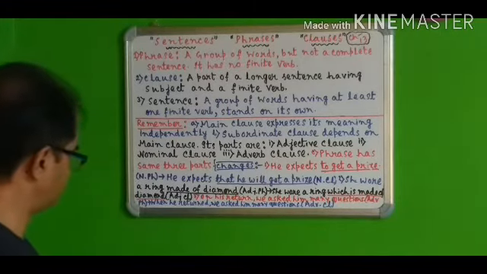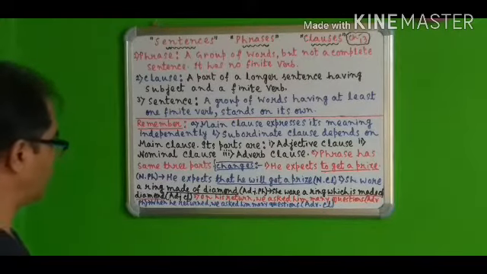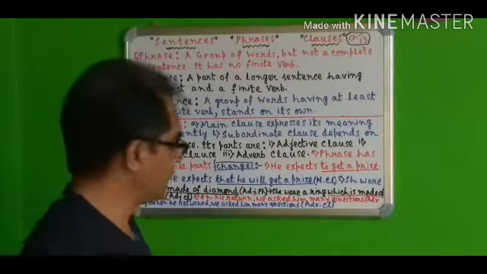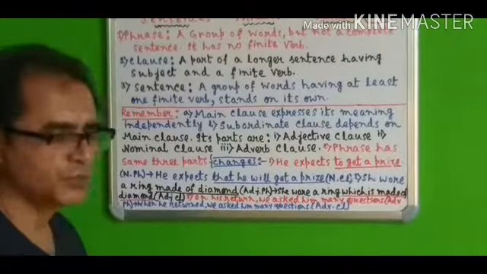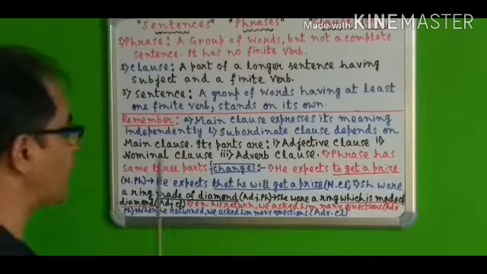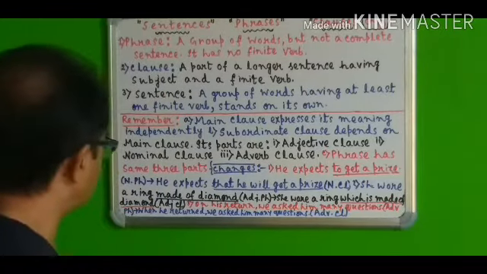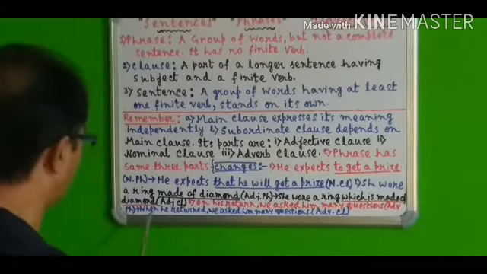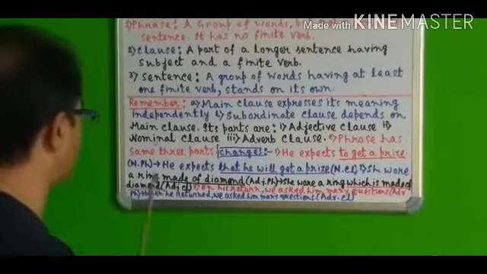Third example. On his return, we asked him many questions. On his return is a phrase, and it qualifies the verb asked. So this is an adverb phrase. If we expand it, make it lengthy, the longer form, on his return is changed into when he returned.